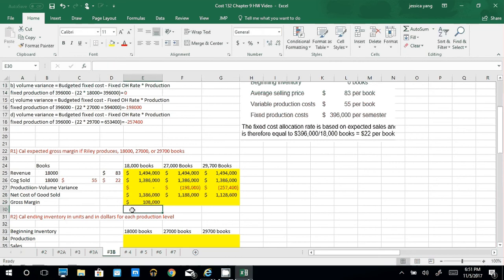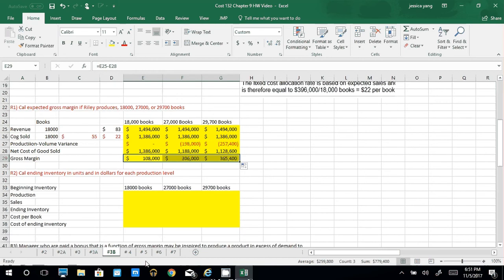That gives me $108,000. I repeat this process for the 27,000 books and for the 29,700 books by simply taking revenue, subtracting net cost of goods sold, to get my gross margin.